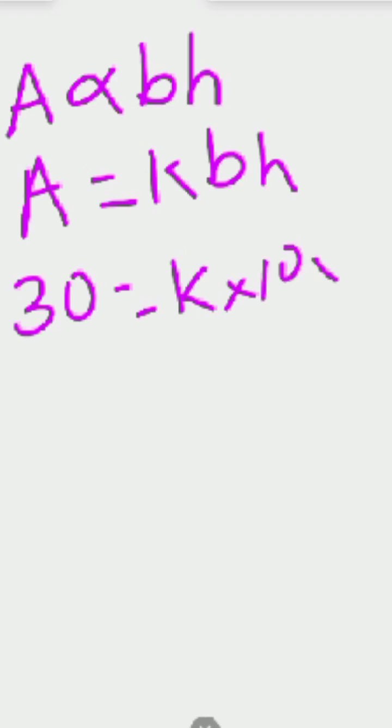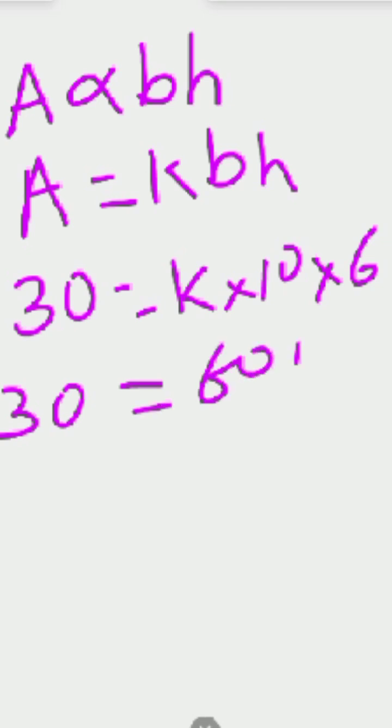Substituting the value of A, which is 30, is equal to k times 10, B is 10, times h, which is 6. So 10 times 6 is 60, so 60k. 30 is equal to 60k.